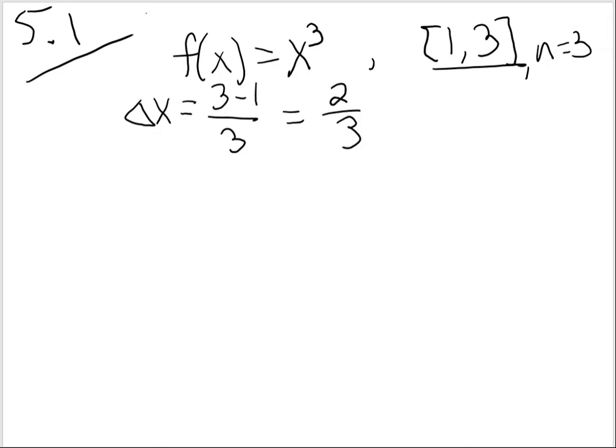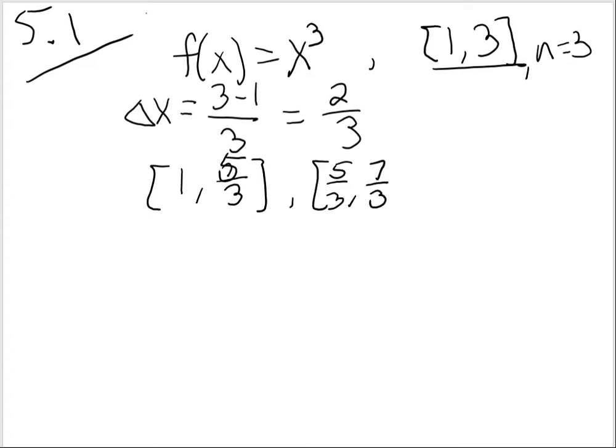So you have starting at 1 and you add 2/3, so that's going to be 5/3. Next interval 5/3, 7/3, and then next interval 7/3, 3.